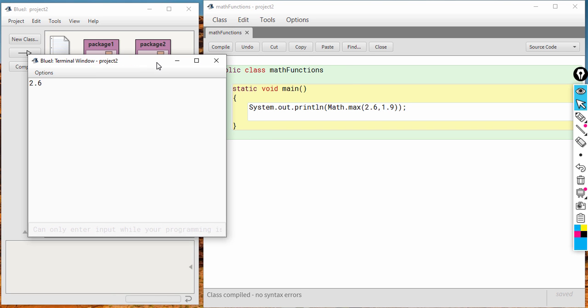So you can see it is giving the answer as 2.6 because 2.6 is bigger than 1.9, and its return type is also the same as the argument. If the argument is a double, the return will be double. If it is integer, the return value will also be integer.